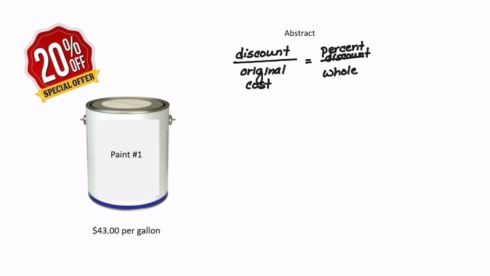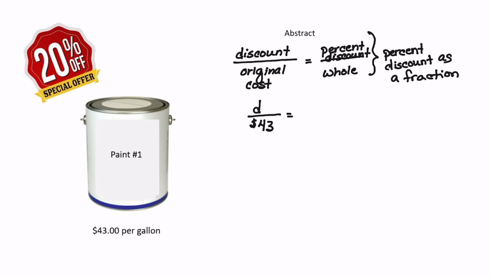So when we substitute, I don't know the amount of my discount, so I'm going to leave that as variable D. I do know my original cost is 43. I am going to write my percent discount as a fraction.